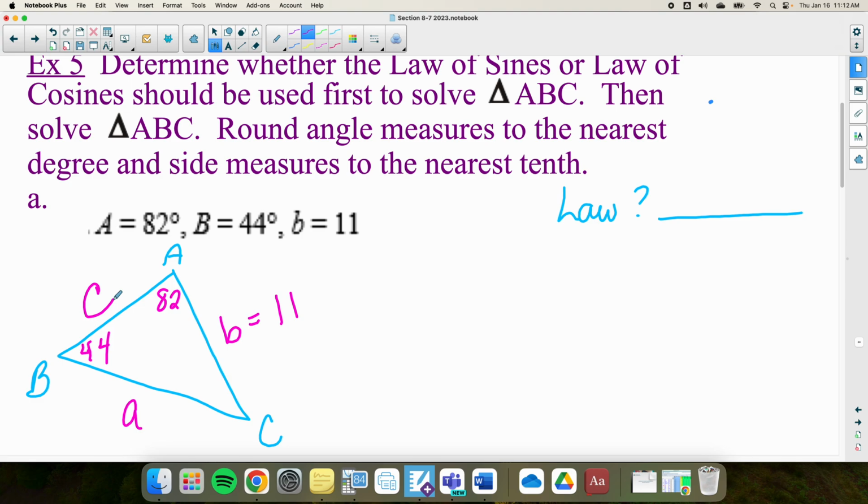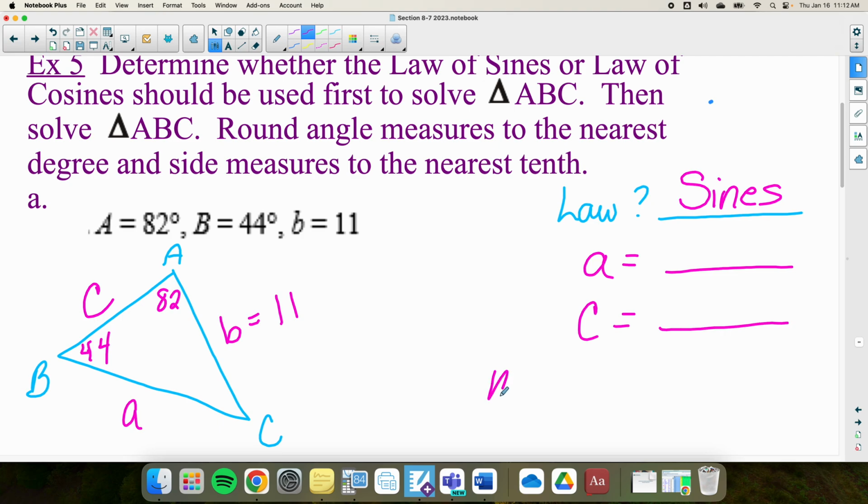When something has two angles, do you remember what we use? Sines. So we're gonna do law of sines, okay? And then it's gonna ask us on the test, like, what is little a, what is little c, and what is the measure of angle C. So on the test, these problems would be worth 8 points, okay?